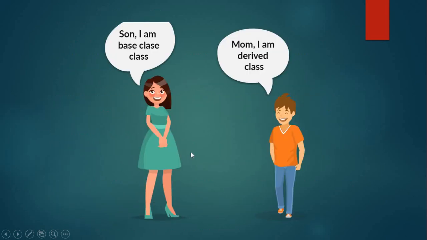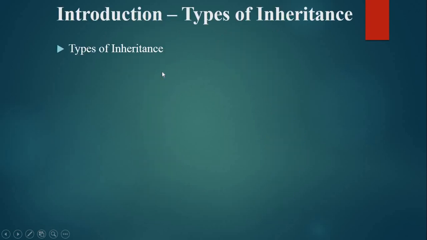So this is the example: this is the parent of this son, so that mother will be the base class and that son will be the derived class, or we can say this mother will be the superclass and this son will be the subclass, so that the son can access the property of the mother.